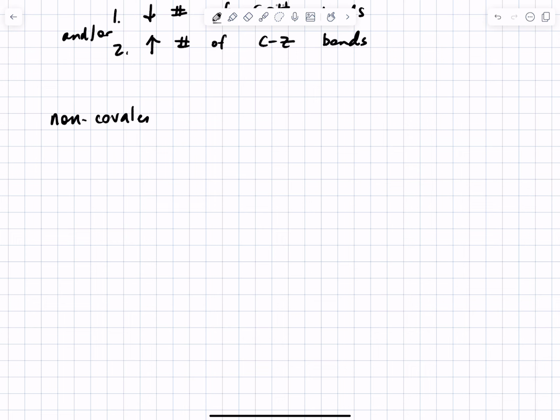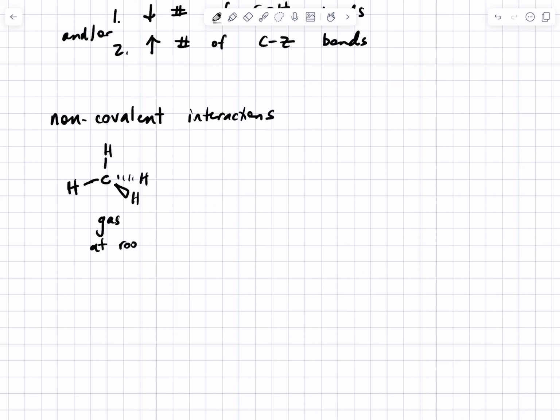So we're going to come back to triglyceride and fatty acid melting point. But to introduce the idea of non-covalent interactions, compare methane, which is a gas at room temperature, and water, which, as you know, is a liquid at room temperature.